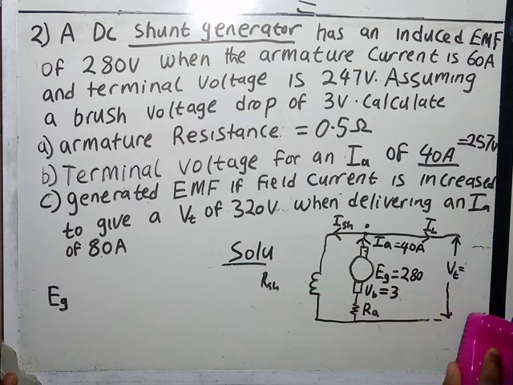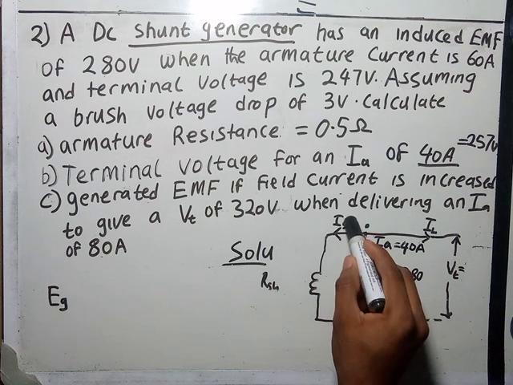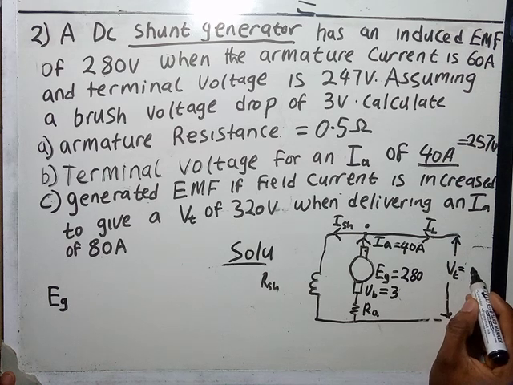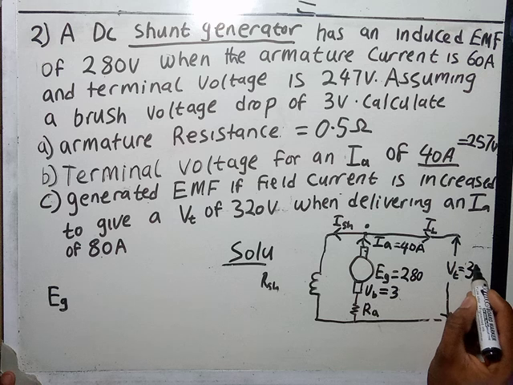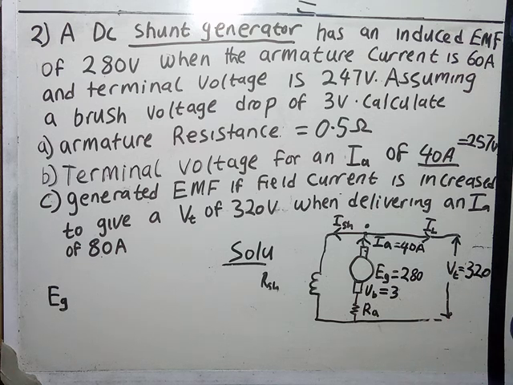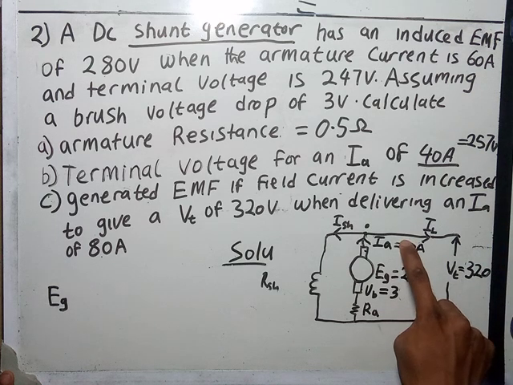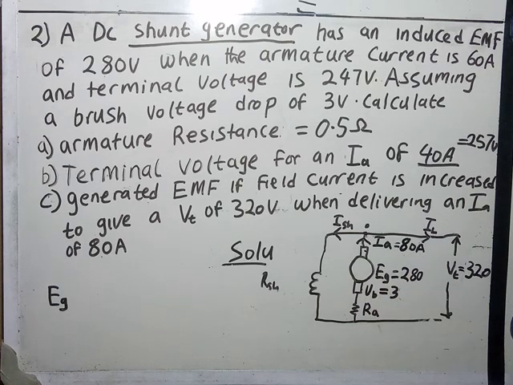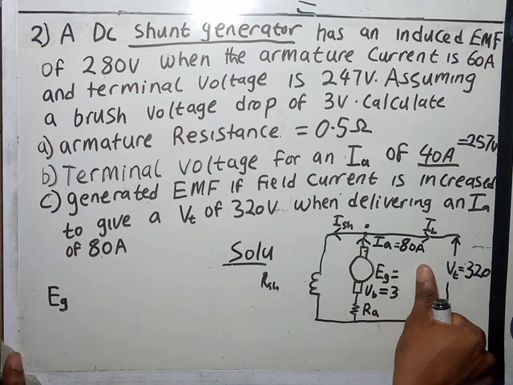So there was an increase in this that made our value here become 320, when delivering an armature current of 80. So this time around we're not dealing with 40, but 80. So they want us to find our EG. We don't know what it is now.